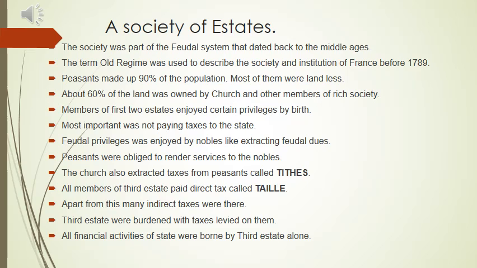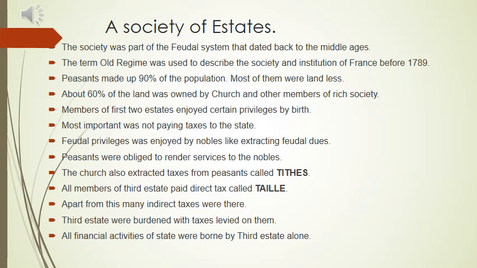That was a religious tax they paid to the church. And these farmers also paid a direct tax to the state, to the king, which was known as the taille.